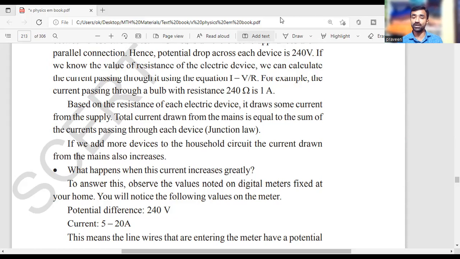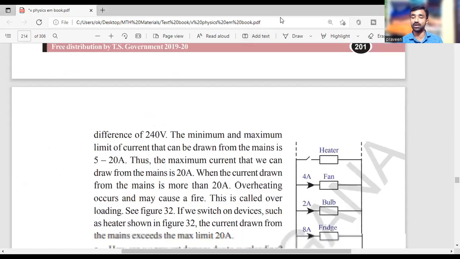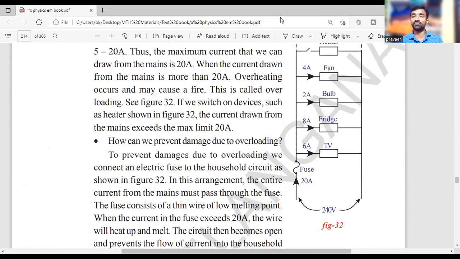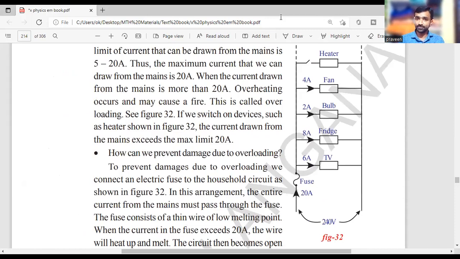Look at one circuit diagram given here on page number 202, figure number 32. Look at the amount of current passing through individual appliances. TV 6 amperes, fridge 8 amperes, bulb 2 amperes, fan 4 amperes.